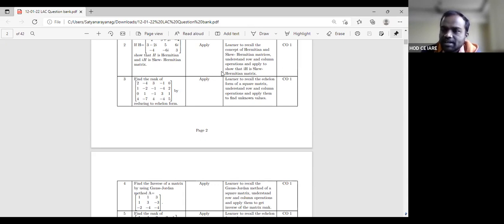If in some cases we get completely zero rows, we need not bother about that. In echelon form, except the principal diagonal elements, the elements below can be converted into zeros. The rank of a matrix is the number of non-zero rows. Okay.